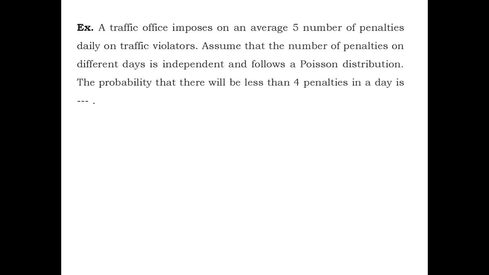Then Poisson, I must specify here what is meant by a Poisson. This is problem on Poisson. Binomial was different, Poisson is something different. Again, Poisson is another special discrete type of probability distribution.